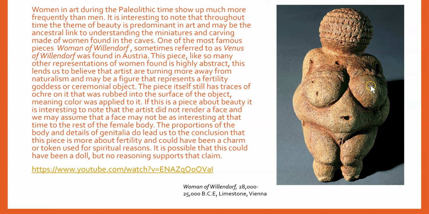Also here we have the enlargement of the breasts, and on top of that, the arms are actually resting on top of them. So once again, not necessarily possible, but that's what's being overemphasized, as well as the female genitalia that has been added. So there are some details going on, and we can see anatomically the knees and what have been the feet. The only thing that's really odd is this head.